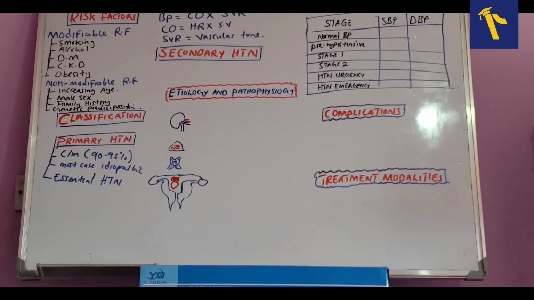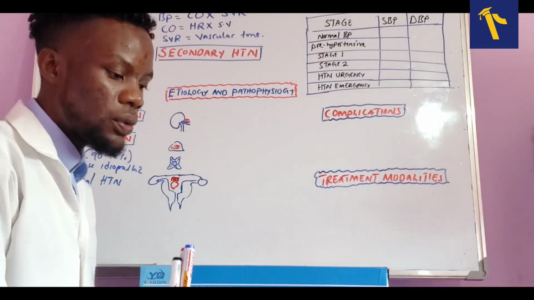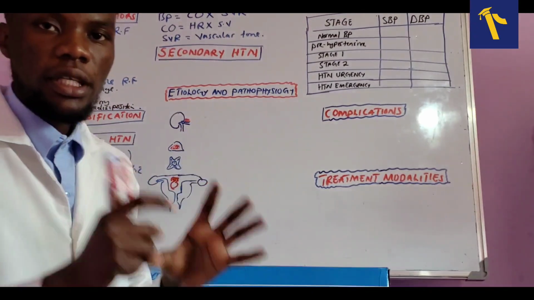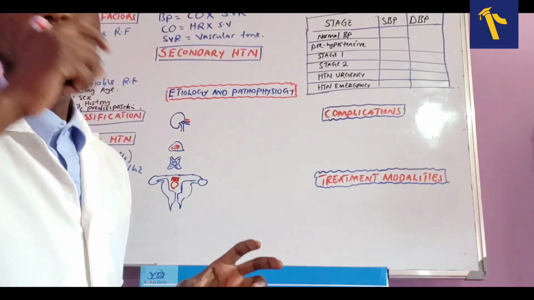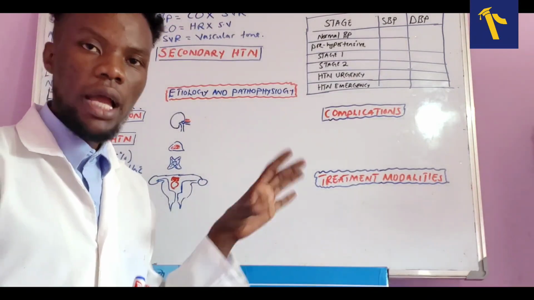Now, we go to another one, which is secondary hypertension. If primary means we don't know, secondary hypertension is because of an identifiable cause. We know the cause of that hypertension.